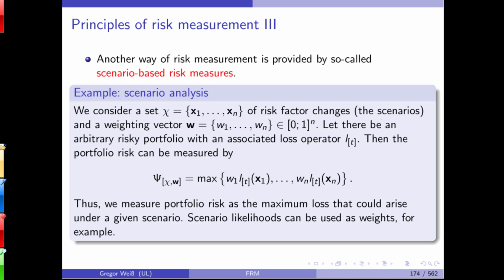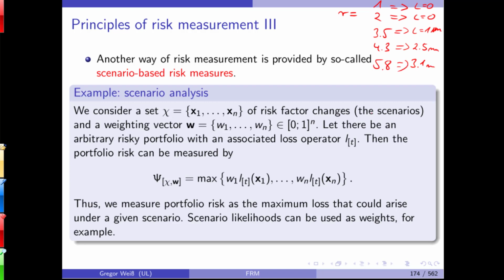What would this mean? For example, in case I only have a risk-free interest rate as a risk factor, I could argue that I'm looking at these scenarios. I will enter these scenarios into my loss operator, which would mean, for example, loss is 0, loss is 0, loss is 1 million, and 2.5 million, and maybe 3.1 million.